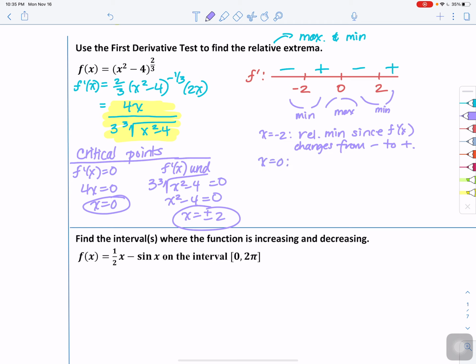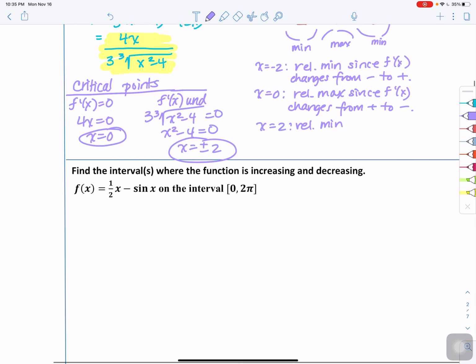At x equal to 0, we have a relative max since f prime of x changes from positive to negative, and at x equal to 2, we have a relative min since f prime of x changes from negative to positive.